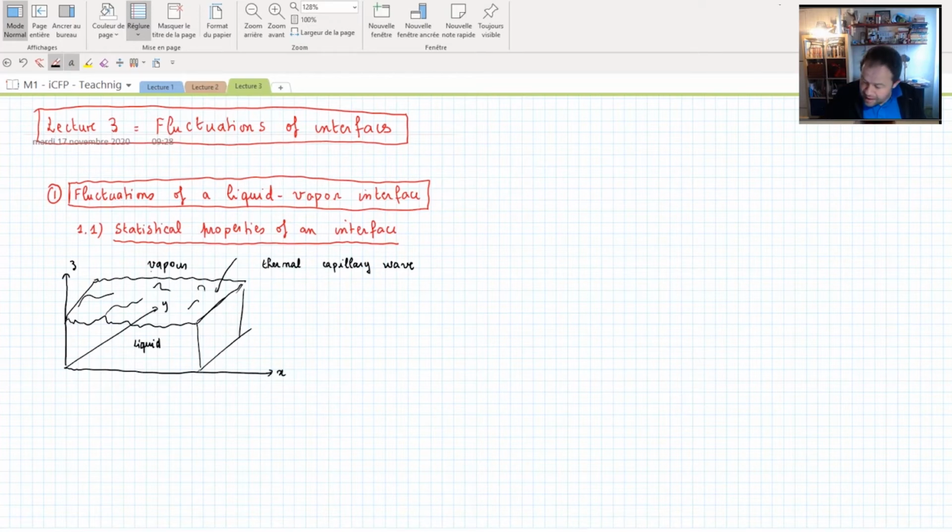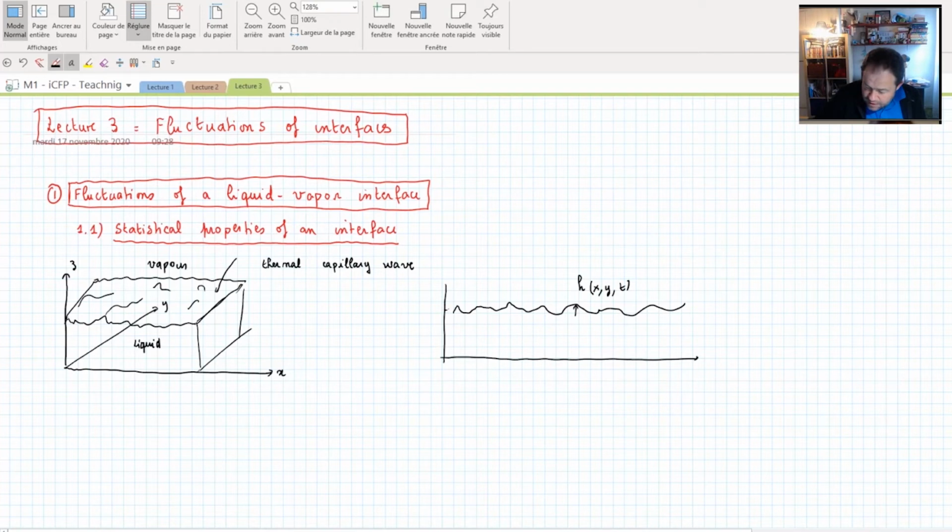And the idea is, what will be the amplitude h of the fluctuation with respect to time. Here we assume that the average position is chosen to be equal to 0. And what we want to know is how the surface of a liquid fluctuates due to thermal agitation.